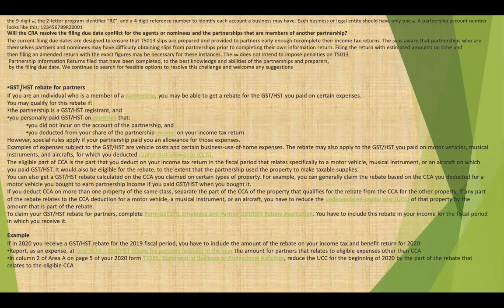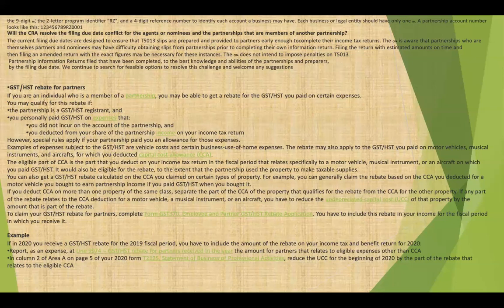You may qualify for this rebate if the partnership is a GST registrant and you personally paid this GST on expenses that you incurred not on the account of the partnership, and you deducted from the share of the partnership income on your income tax return. However, special rules apply if your partnership paid you allowances for these expenses.